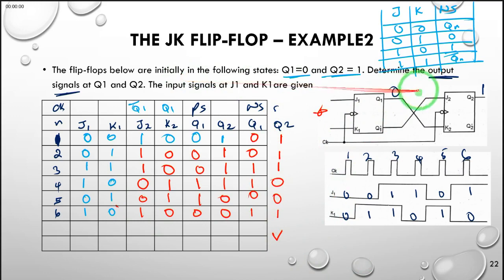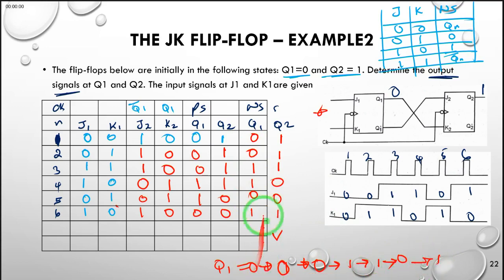And the question is now asking for the output signal at Q1 and Q2. We can see that Q1 was initially at 0, and then it became 1, came 0, then 0 again, then 1, then 1, then 0, then 1.